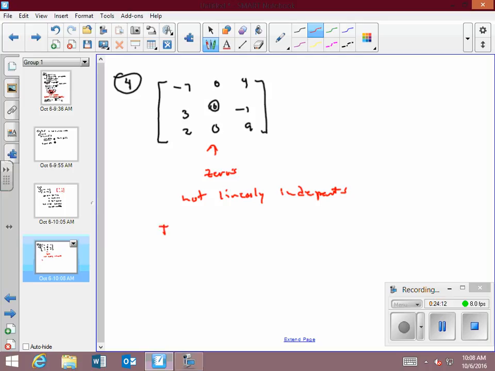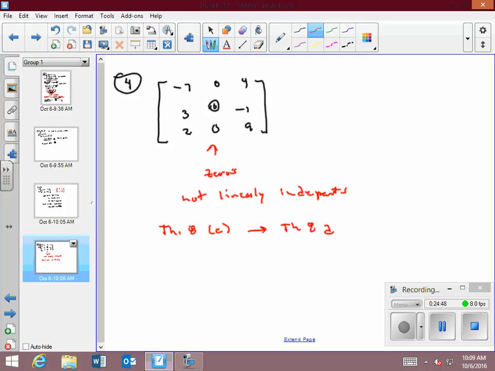And then Theorem 8, statement E: because the columns are not independent, E is false, which means A is false. That implies Theorem 8 A is false.